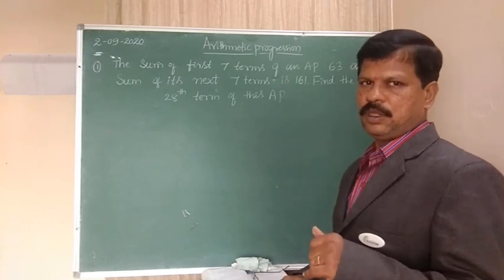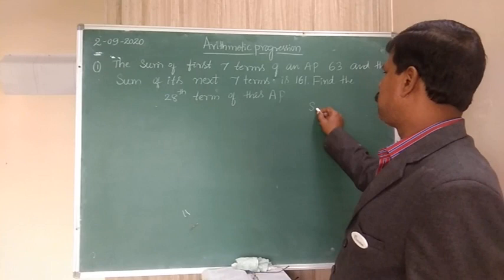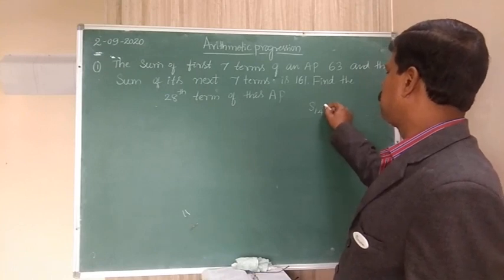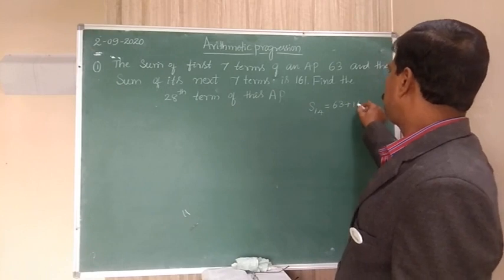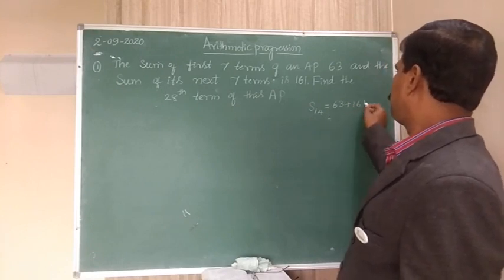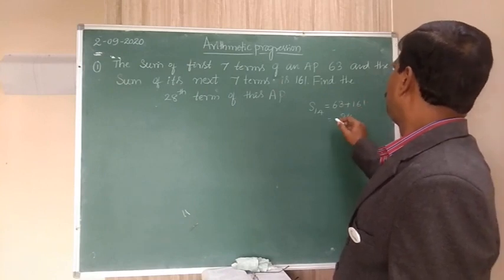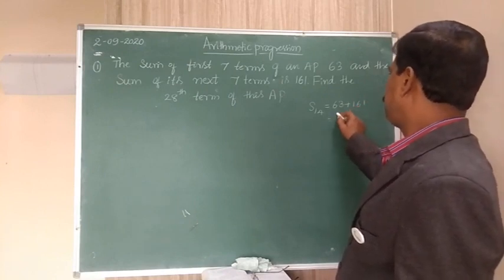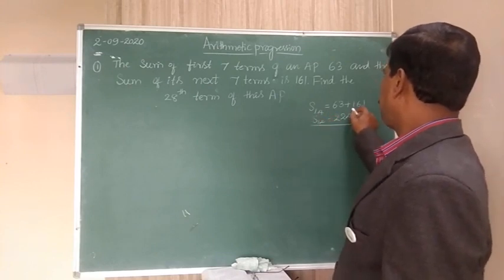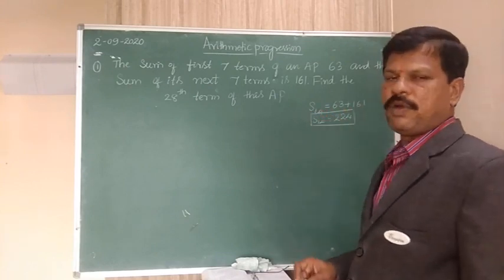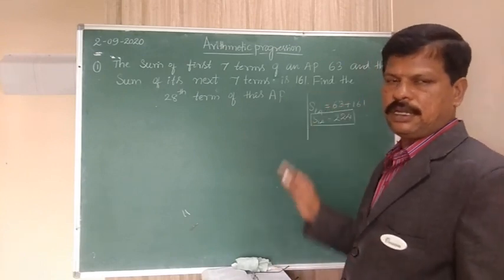Then the sum of 14 terms is nothing but 63 plus 161, which is 224. So the sum of the first 14 terms is 224. This is one part we should take now.